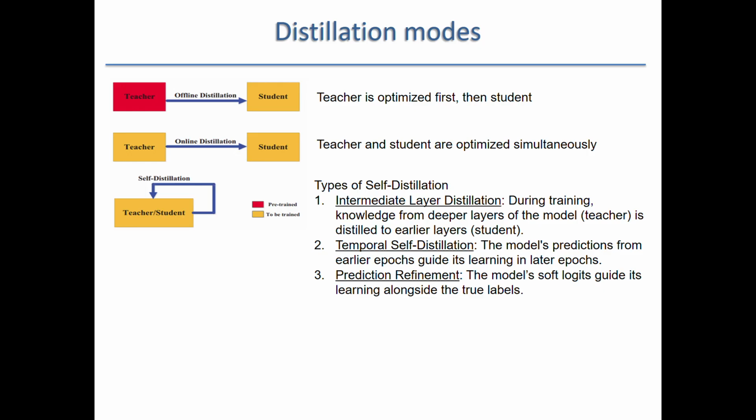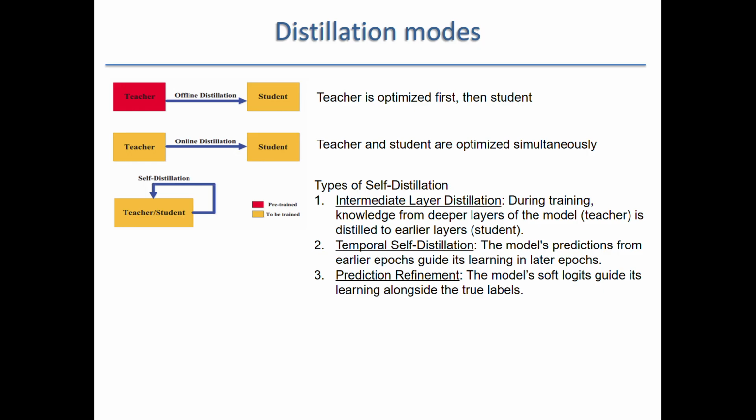This distillation can be performed offline, so the teacher is optimized first, and then the student learns from the teacher. It can be done simultaneously, so the teacher and the student learn at the same time, or it can be self-distillation. The teacher and the student are the same network, and there is a part of the network that acts as the teacher of the other part.